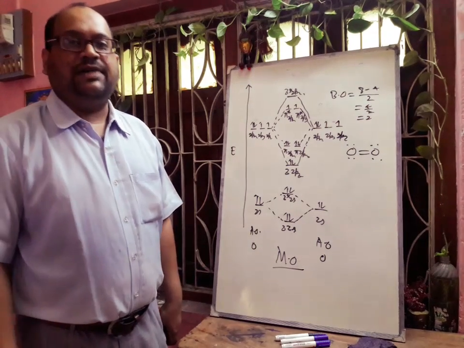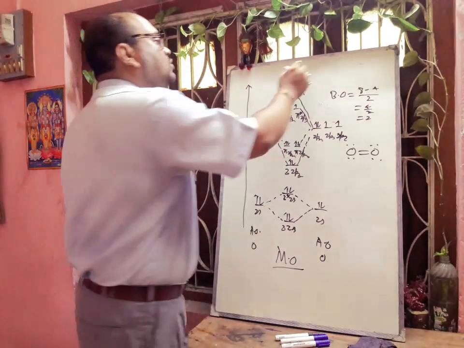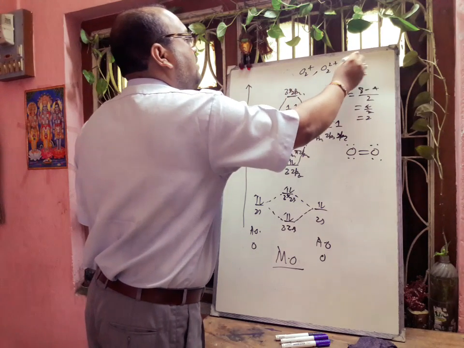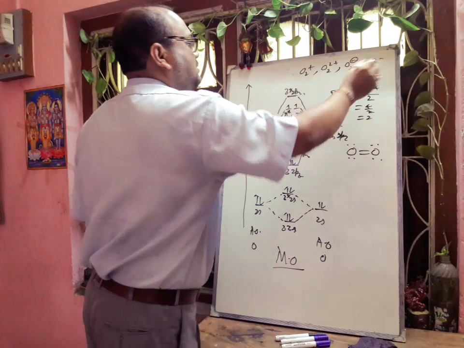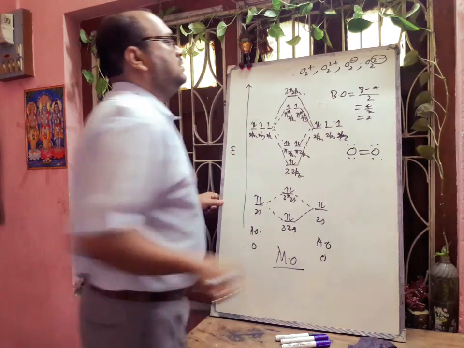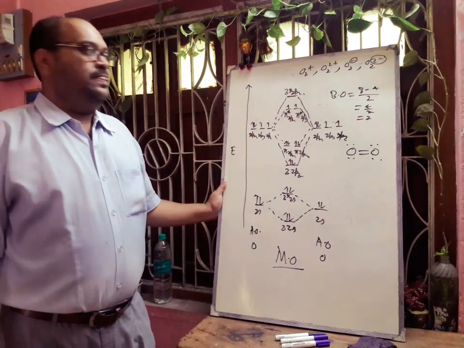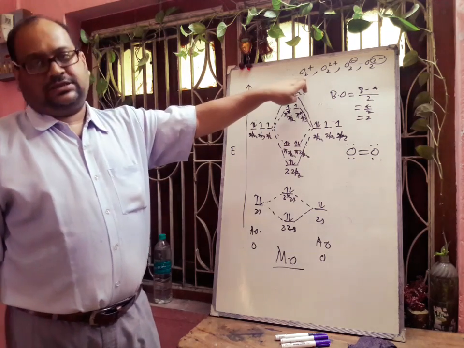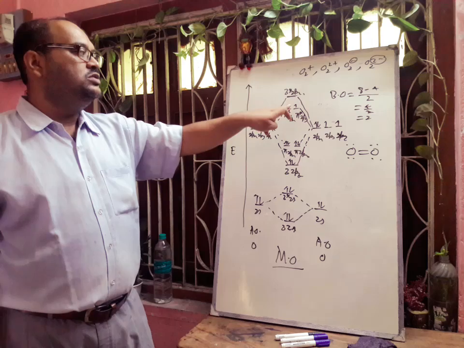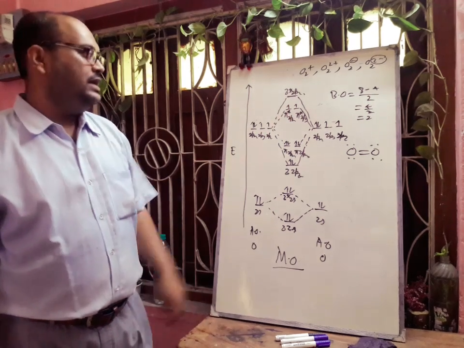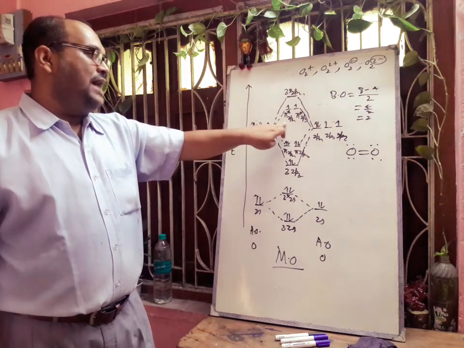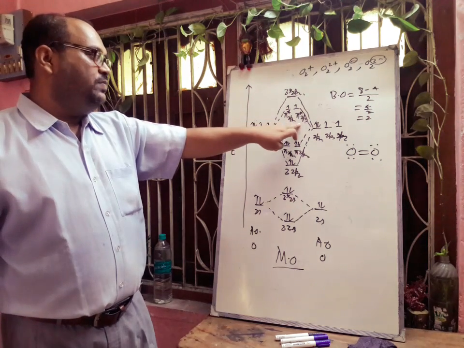Now we will discuss some ions like O2 plus, O2 2 plus, O2 minus and O2 2 minus. Next, for this O2 plus, definitely 1 electron will be lost from this part, that means either pi star 2px or pi star 2py.